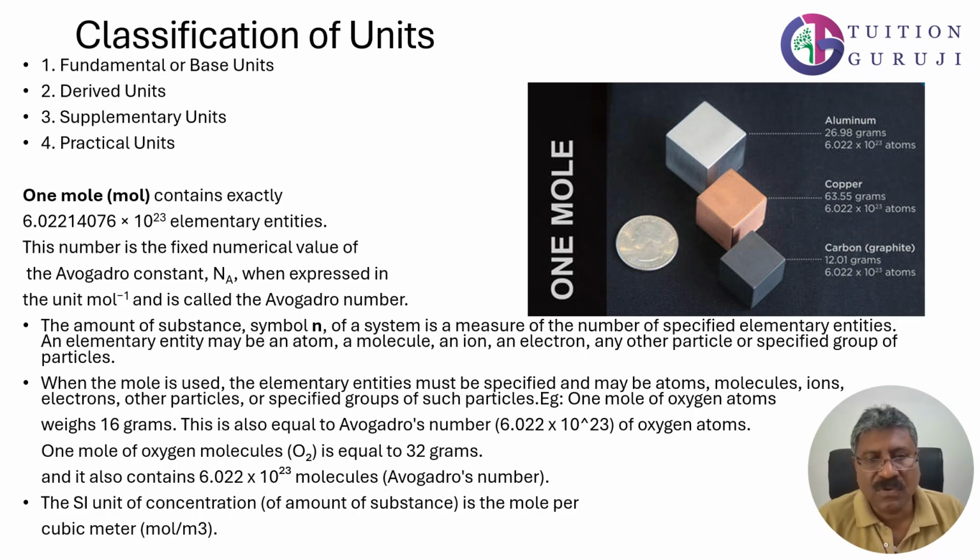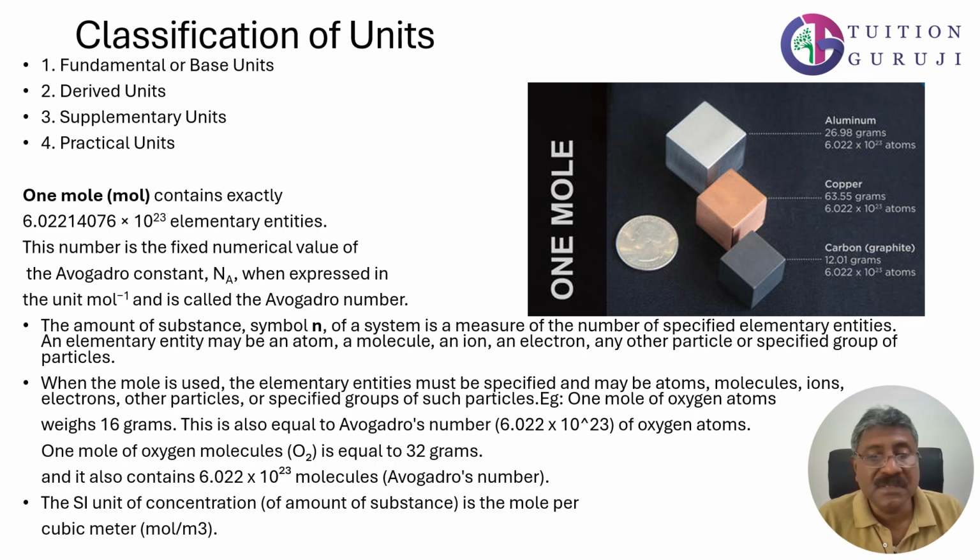Now let us see what a mole is, because we know what meter, kilogram and seconds are, but we will look at what we are not familiar with. One mole contains exactly 6.022140076 into 10 raised to 23 elementary particles.